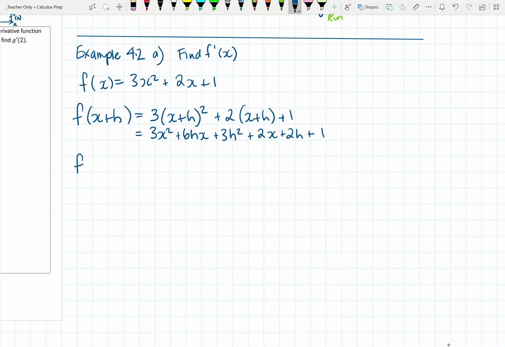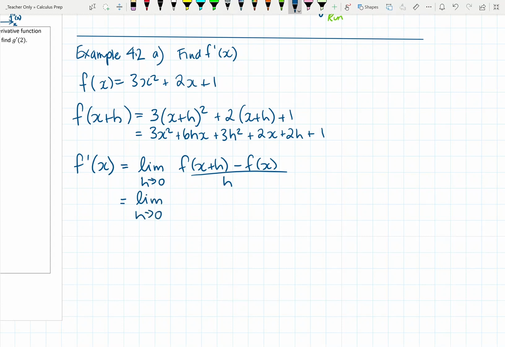From there, we use a rule, write the rule, so f dash of x equals the limit as h approaches 0, f of x plus h minus f of x on h, which is the limit as h approaches 0 of 3x squared plus 6hx plus 3h squared plus 2x plus 2h plus 1 minus our original function, which is 3x squared plus 2x plus 1.